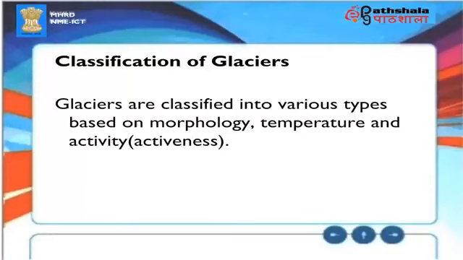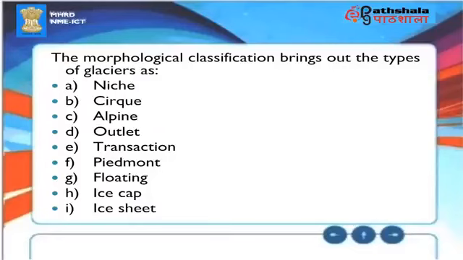Classification of glaciers. Glaciers are classified into various types based on morphology, temperature, and activity or activeness. The morphological classification brings out the types of glaciers as niche, cirque, alpine, outlet, transaction, Piedmont, floating, ice cap, ice sheet.